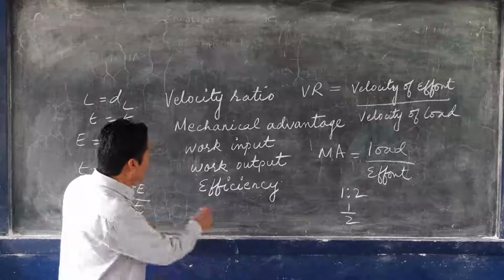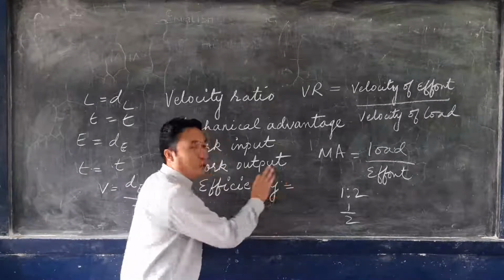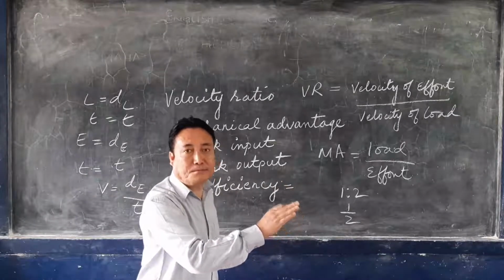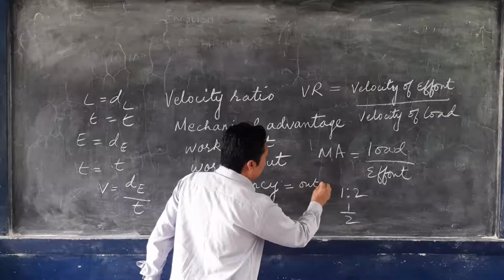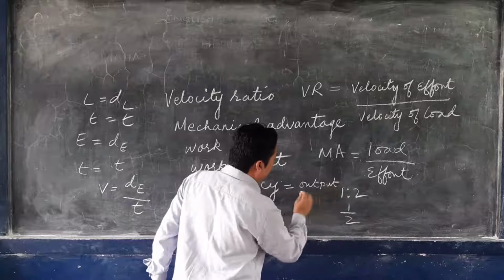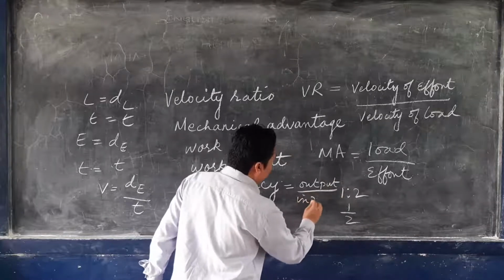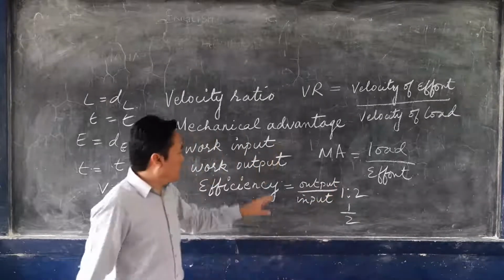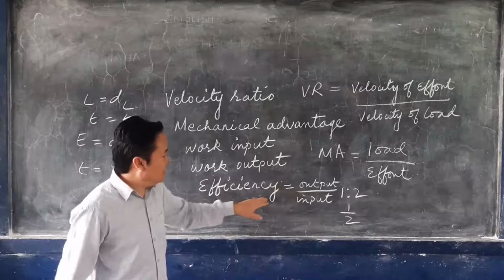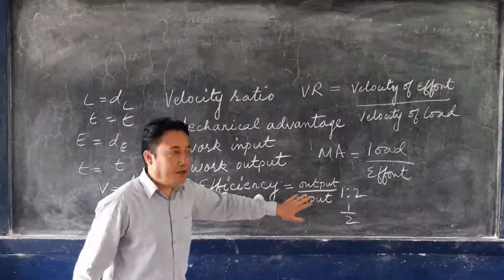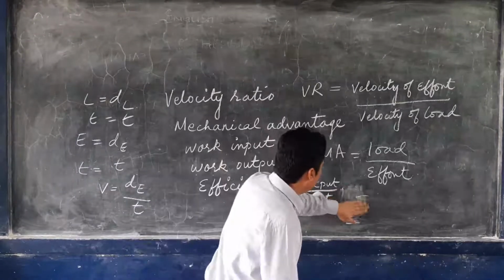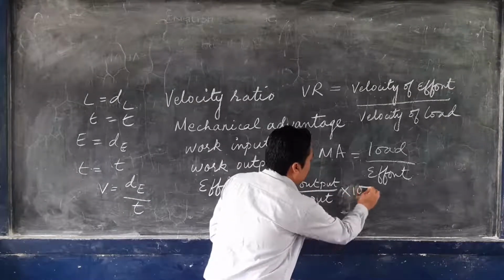That means efficiency can be calculated as work done by the machine, that is work output, divided by work input, multiplied by 100.